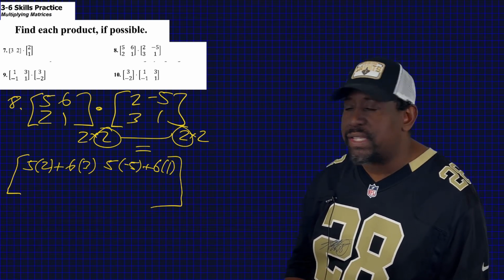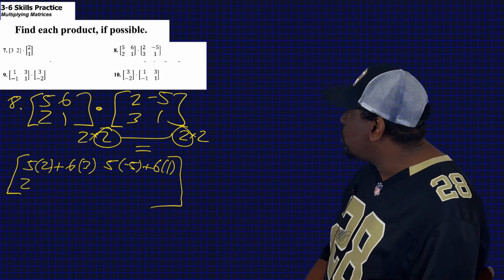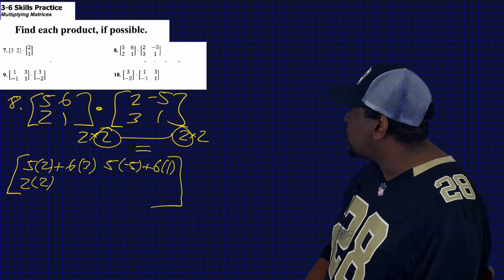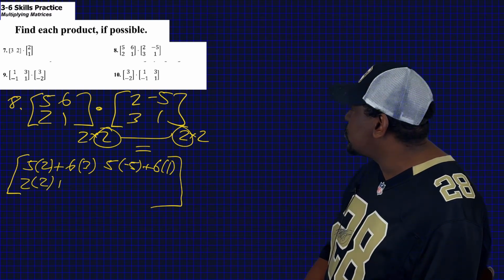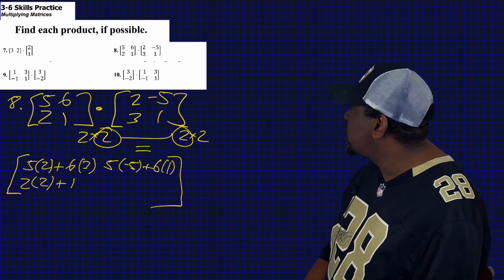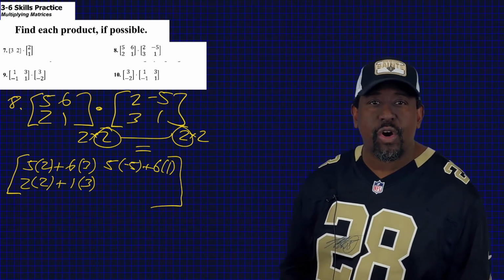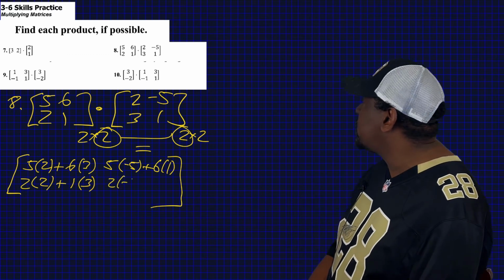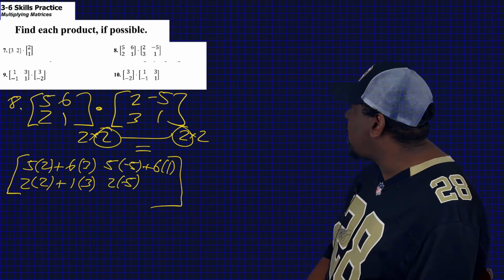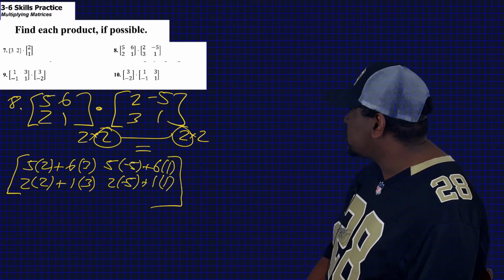And so we have our first row of products complete. So to get our second row, we will take the second row times the first column, 2 times 2, plus 1 times 3. And then we take our second row and multiply by our second column, and we'll have 2 times -5 plus 1 times 1.